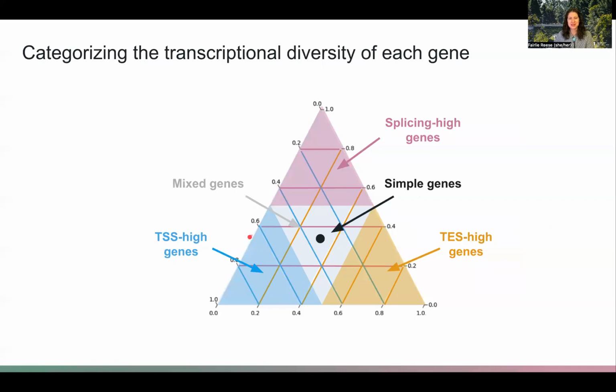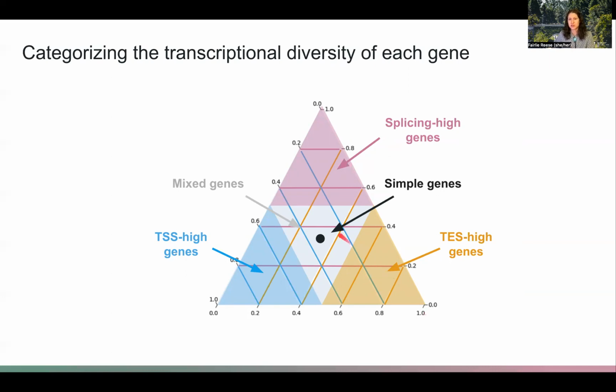But essentially, what's going to happen is genes that fall within this bottom left sector will be genes where the majority of the genes' isoform diversity comes from variation at the TSS. Genes that fall within this top pink sector here will be genes whose isoform diversity mainly comes from variation in internal splicing. And genes that fall within this bottom right sector here will be genes whose diversity predominantly comes from variation at the TES.